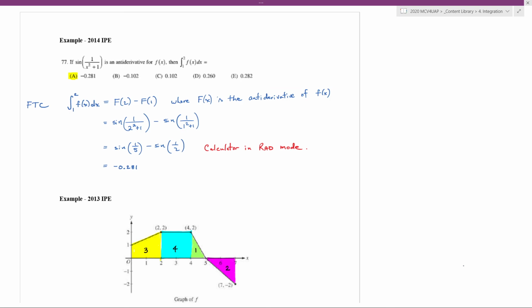And you would get negative 0.281. And so that answer is A. So this would be the type of question you would see on the multiple choice portion of the AP exam. One that will allow you to use the calculator.